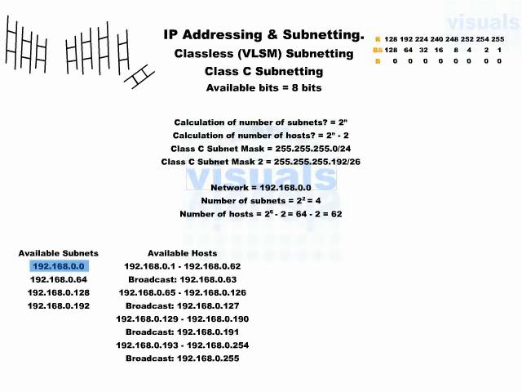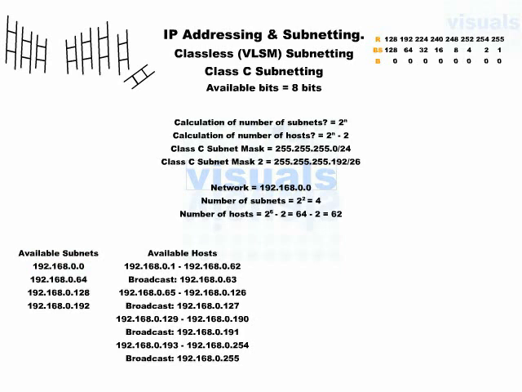By applying a 64 difference here, we get 192.168.0.64. Another 64 difference gives .128, and another gives .192. These are our valid subnets. You can see these are 4 networks.